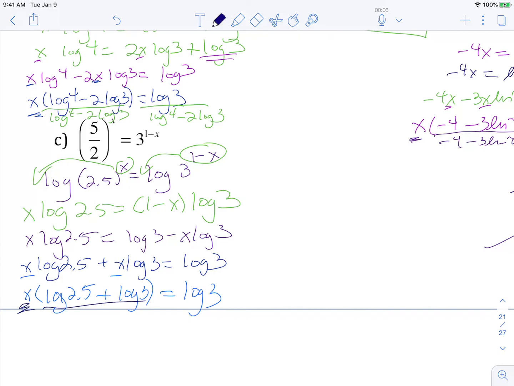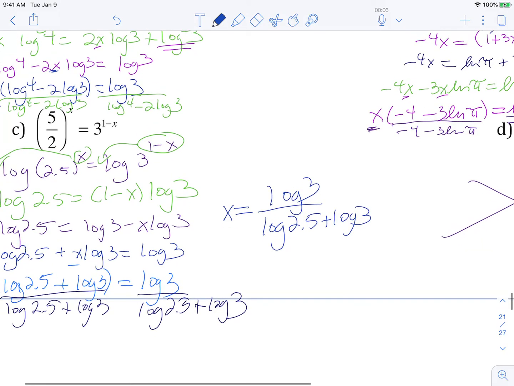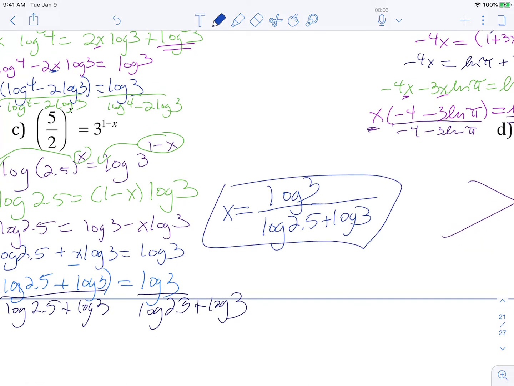So I'm going to divide everything by log 2.5 plus log 3. And I get, finally, x is equal to log 3 over log 2.5 plus log 3. Okay, we'll stop this one here.